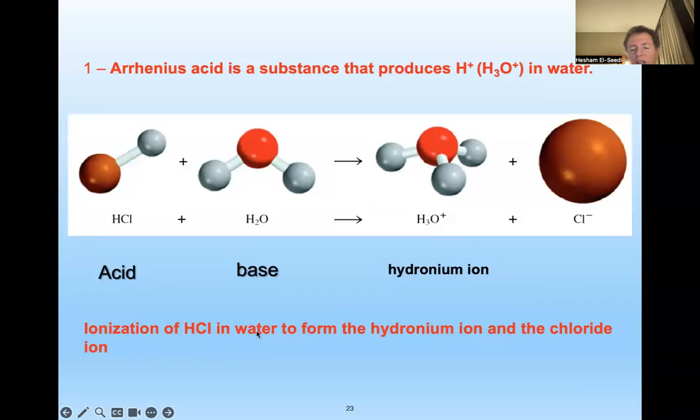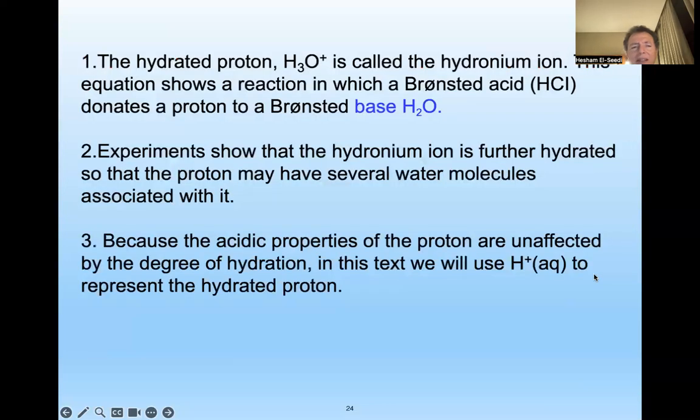So this is the ionization of HCl in water to form hydronium ion and chloride, and of course chloride here is negative, right? Then the hydrated proton, which is H3O, as I told you before, in this reaction is a Brønsted acid, which is HCl, a proton donor, while the base accepts the proton.